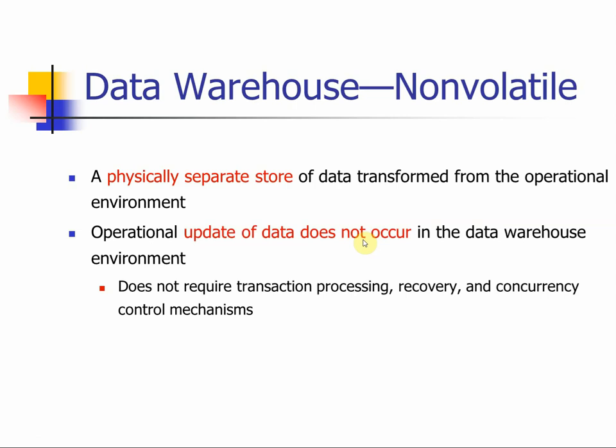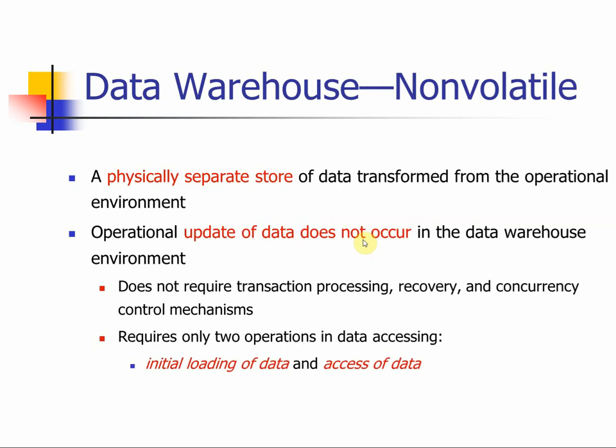They can take away those overheads and increase the performance in terms of retrieving the data. So it requires only two operations in data accessing: one is the initial loading, the other is access of the data, so that they can focus all of their resources on these two major purposes of the data warehouse.